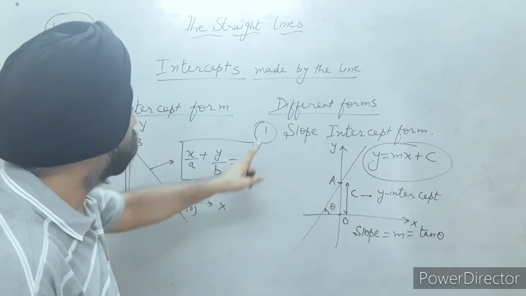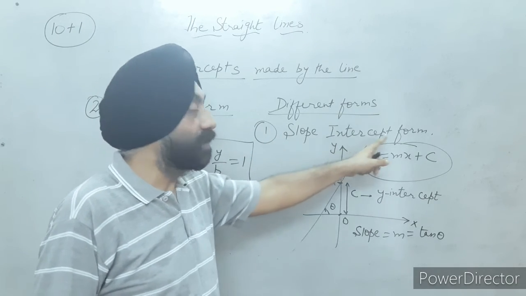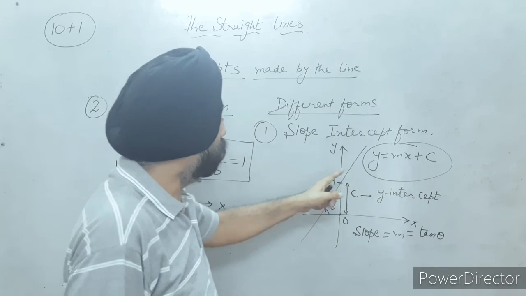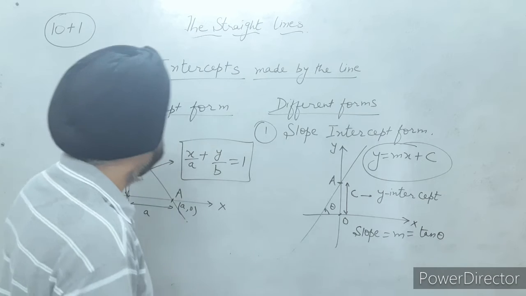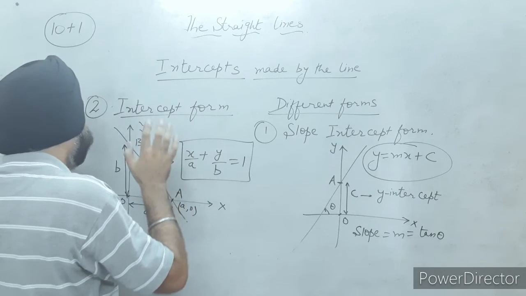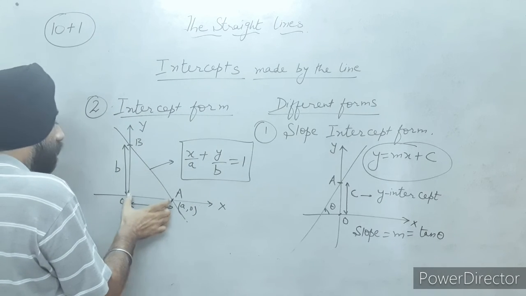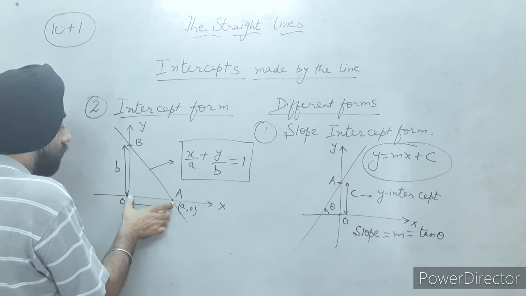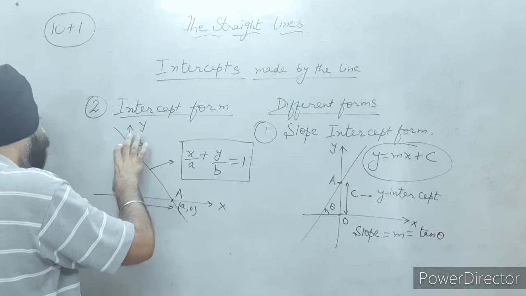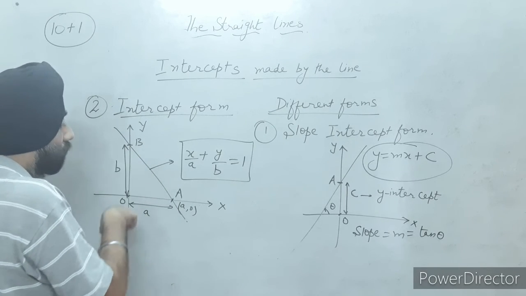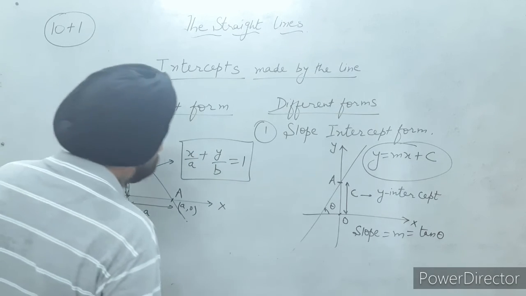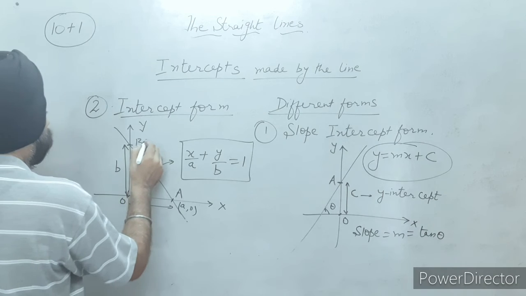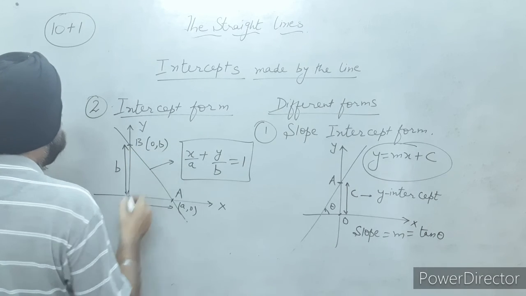Now I have discussed the first form, that is slope intercept form, y equals mx plus c, or y equals mx minus c. The second form is intercept form. a is the intercept made by the line on the x-axis, and b is the intercept made by the line on the y-axis. This equation can be written as x over a plus y over b equals 1, and this point is (0, b), obviously.